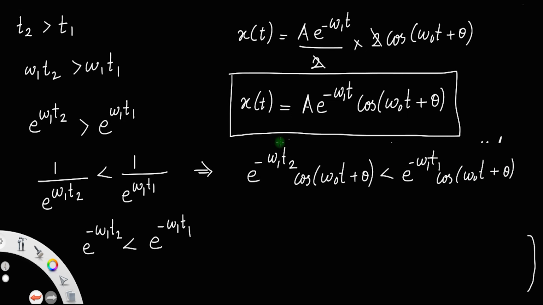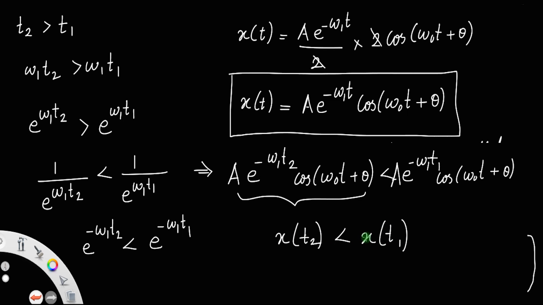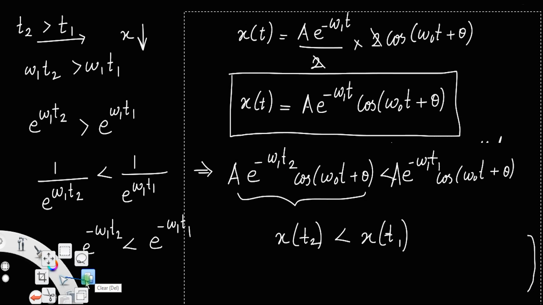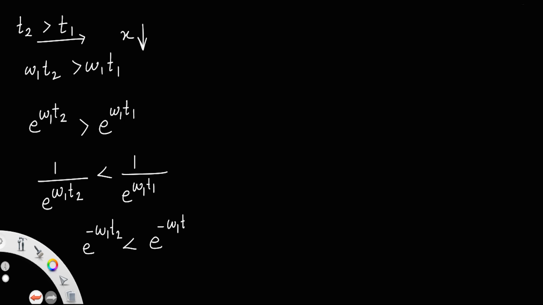Now if you multiply both sides with a, this is x of t2, the displacement after time t2, which is less than the displacement after time t1. This means as the time progresses, the displacement reduces. So the graph of the equation will be like this.